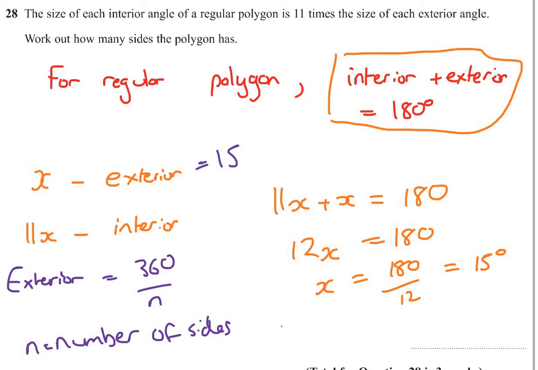So all we have to do is 360 divided by 15. And this gives us 24 sides. Because if we add up all the exterior angles in our regular polygon, we get to 360. We can just divide 360 by the exterior angle to get the number of sides. So 24 sides is the final answer there.